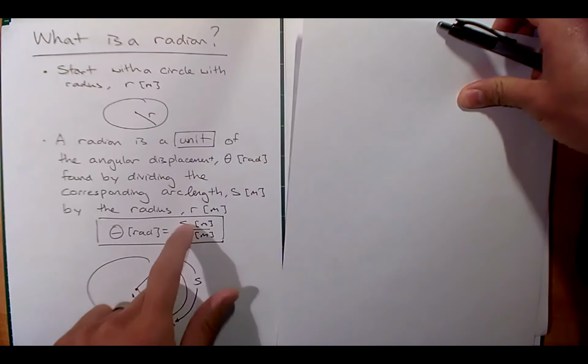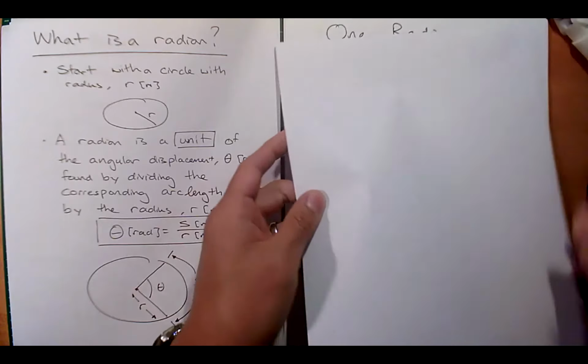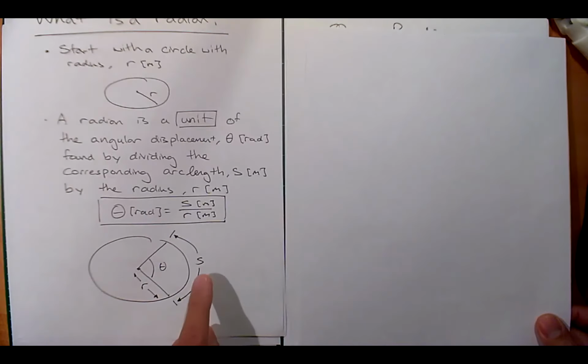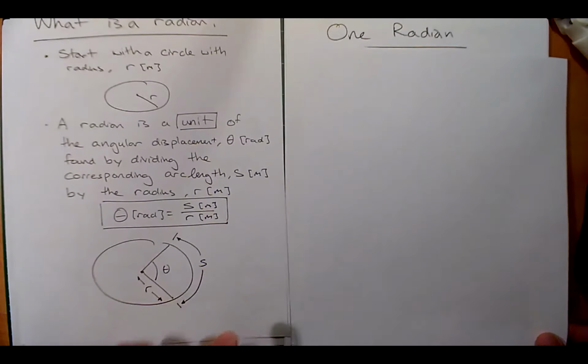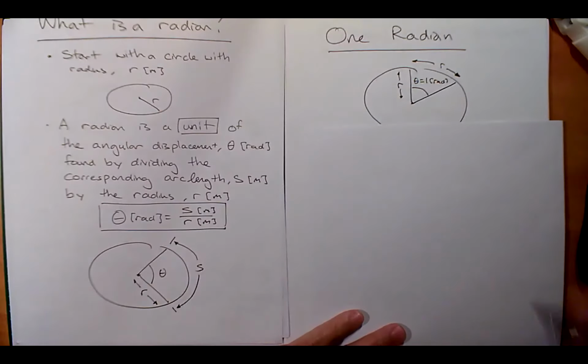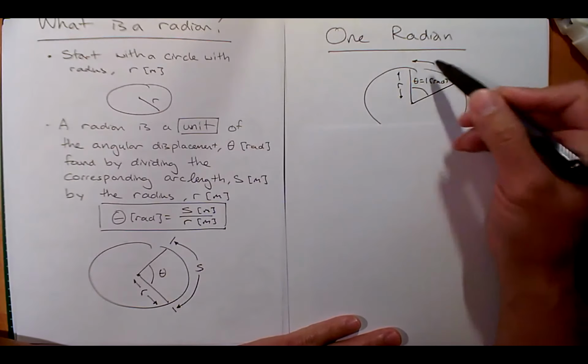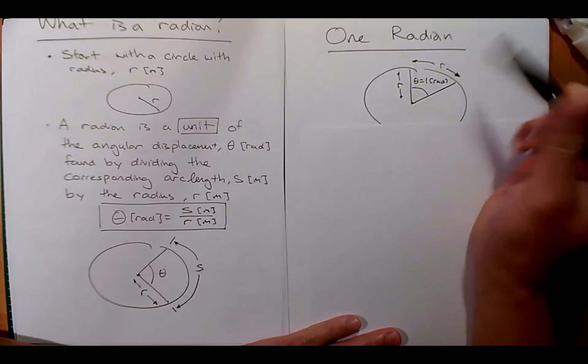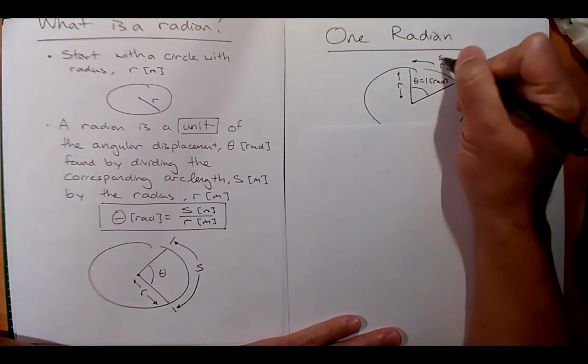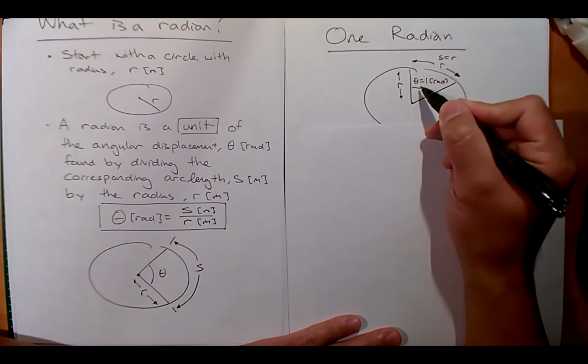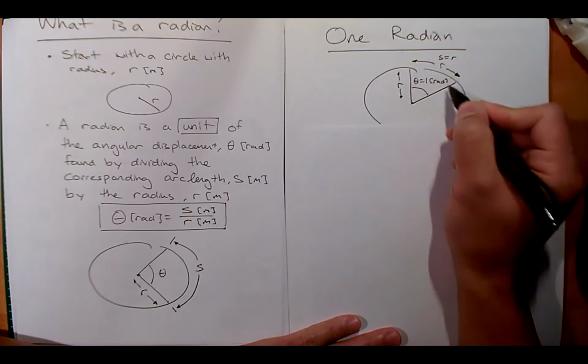Well, that means they have to be equal, right? So what we can do is ask, what is S when this is equal to R? Wouldn't it be something like this? Yeah, this is your S. When this S equals R, this is 1 radian. So that's what 1 radian looks like.